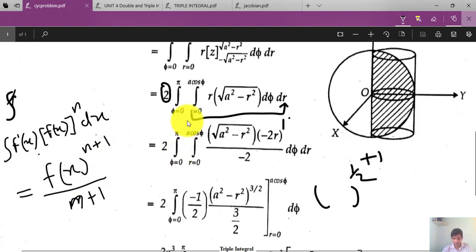Now see here, what I do is I will take minus 2r, and minus 2r over here, right?